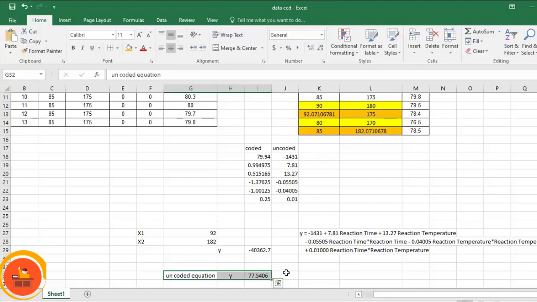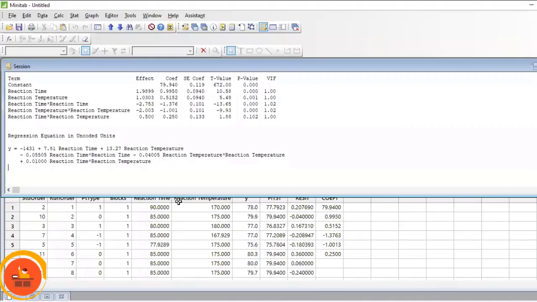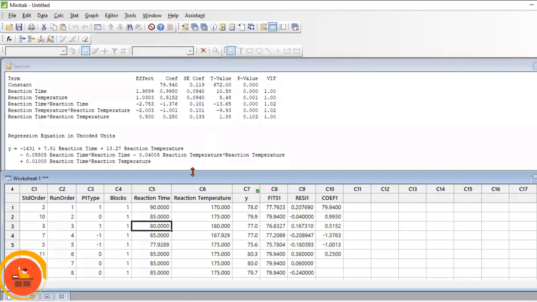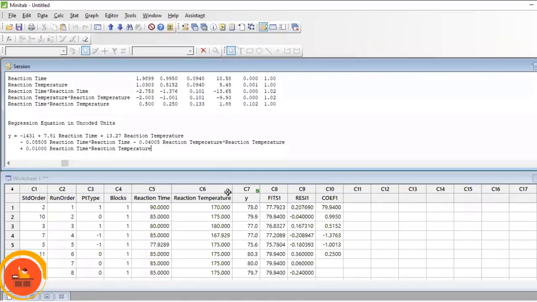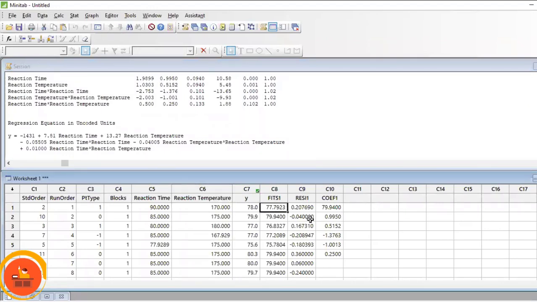So here what we need to highlight is the R square value, the ANOVA table, that is the interaction table what we have got from this particular graph. So this interaction table we need to highlight, ANOVA table we need to highlight. Even now we can go for the fits and residuals also.